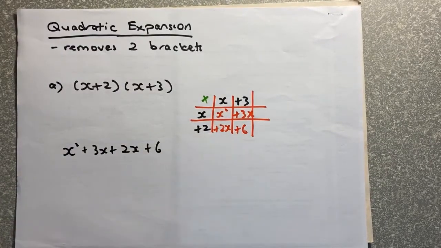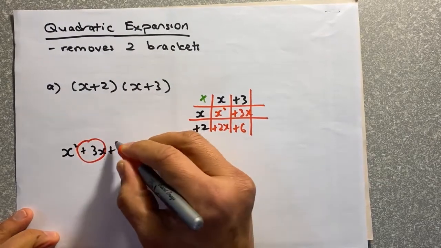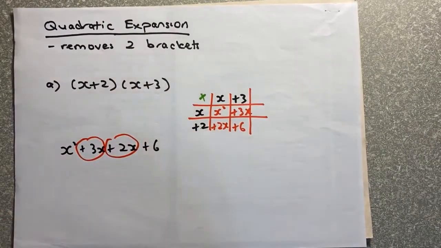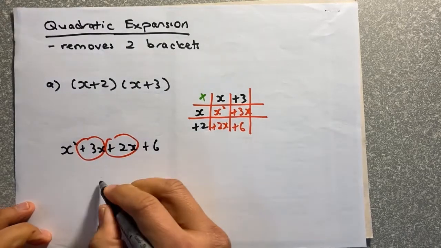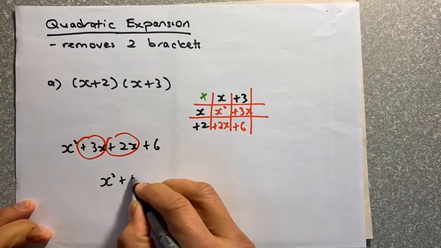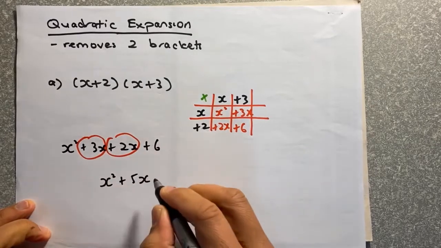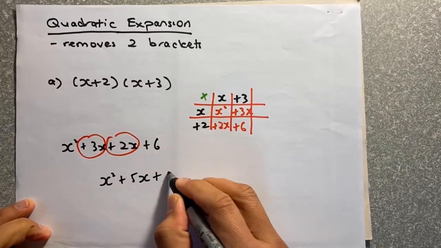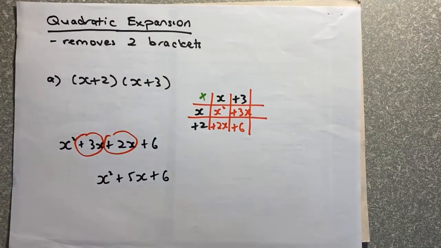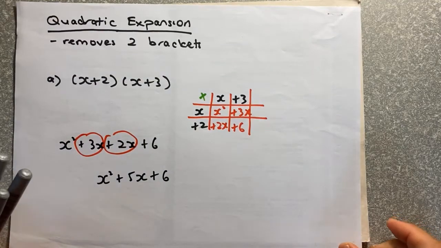Is that the answer? No, because there are like terms in there. 3x plus 2x are like terms. So the final answer has to be x squared plus 5x plus 6, because 3 plus 2 gives you 5. And that will be your answer for your first quadratic expansion.